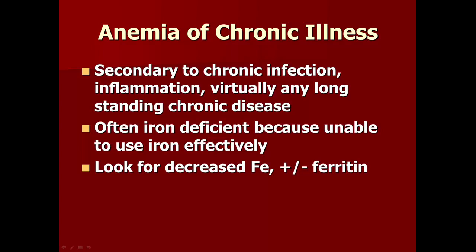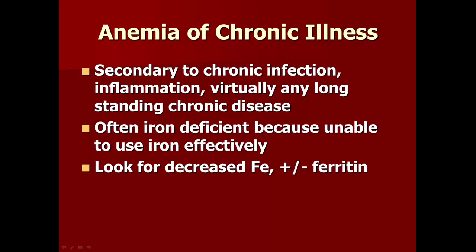So as a result, you may see some iron deficiency in about 25% of the individuals with anemia of chronic illness. What we look for in the anemia of chronic illness is a decrease in the iron if they are iron deficient, but the ferritin level may or may not be helpful because remember chronic illness and the pro-inflammatory state. A lot of times in an anemia of chronic illness, because of the internal environment, the red blood cell actually tends to have a shorter lifespan.